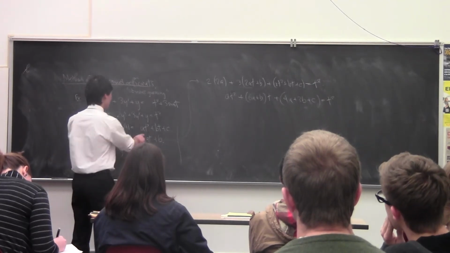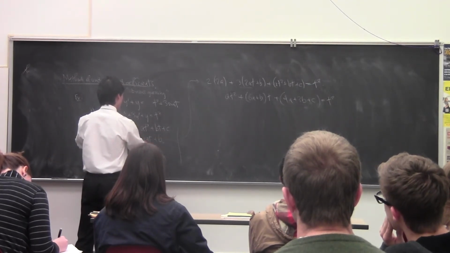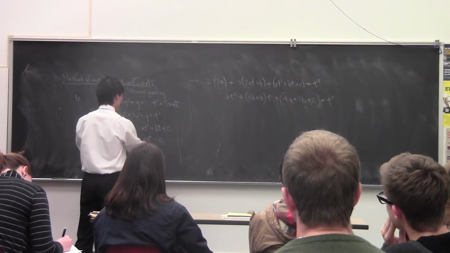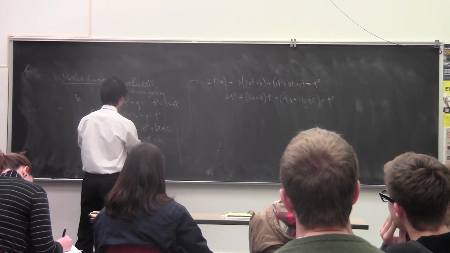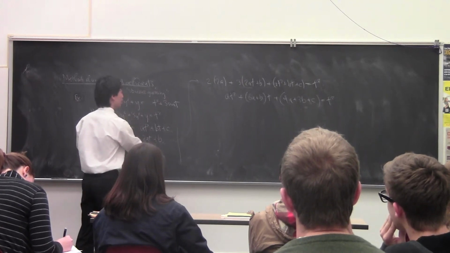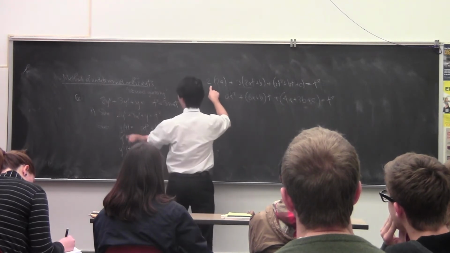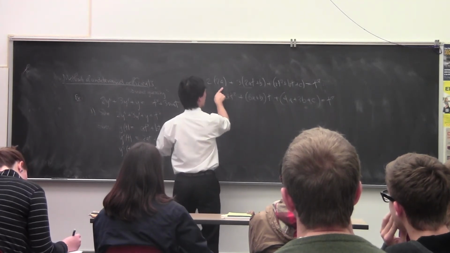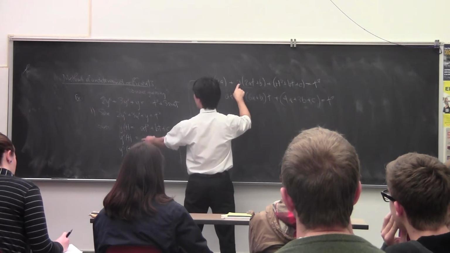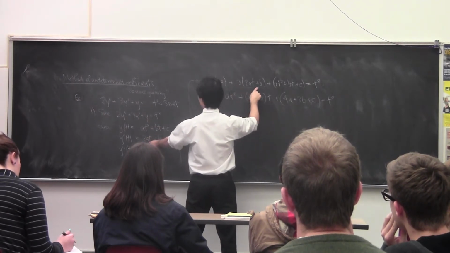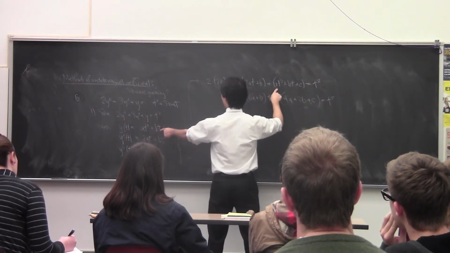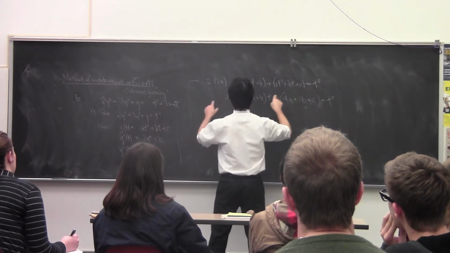Let's check. at squared plus bt plus c. Differentiate, we get 2at plus b, double prime 2a. Right? Then plug that in. 2 of 2a plus 3 of 2at plus b plus at squared plus bt plus c is equal to t squared.